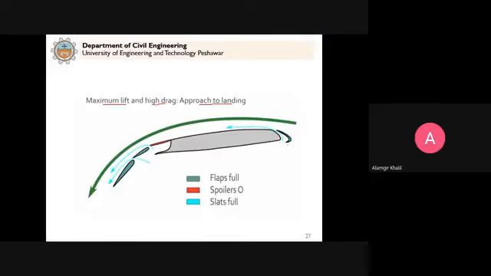In that case, you can see that these slats are put down, so high drag will be produced. The area for the drag force is increased, so that's why it results in high drag, slowing down the aeroplane and preparing it for landing.